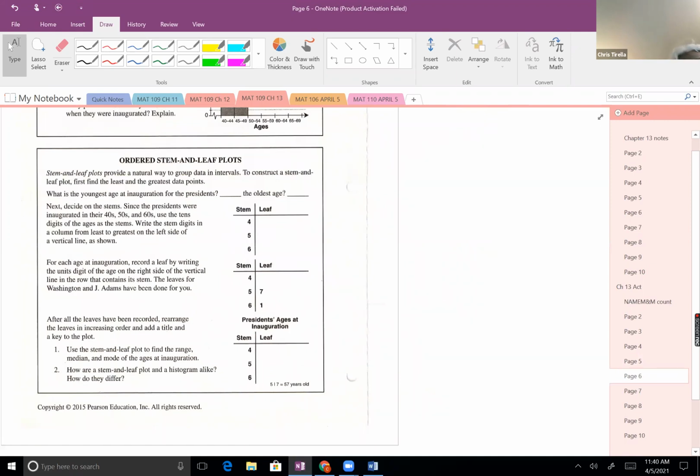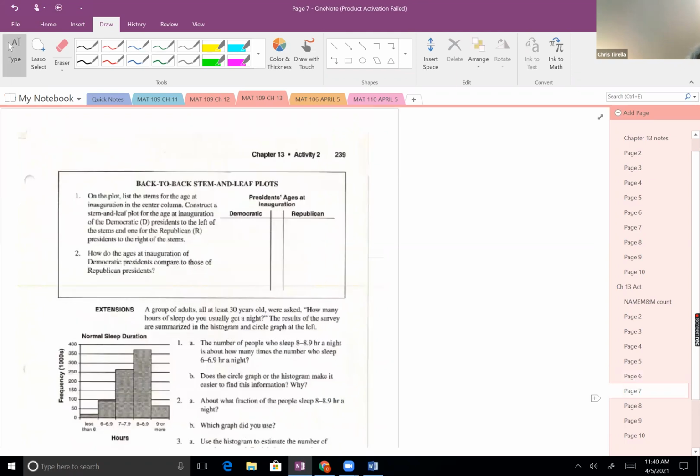For the ordered stem and leaf plot, this one over here is where you're going to put your final one. This one over here would be your messy copy. And don't worry about the top one. They're just telling you that because the ages were in the 40s, 50s, and 60s, those are what your stems would be.